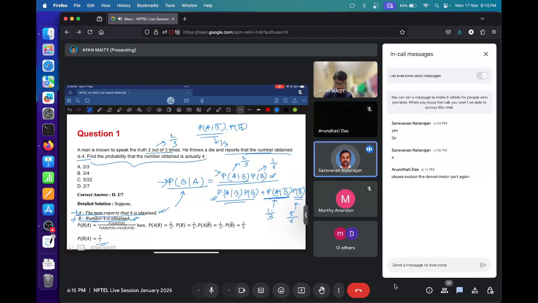Yes, the denominator should be probability of A. It is simply probability of A, and the denominator, probability of A, can be split into two parts like this. Right. Thank you, sir.